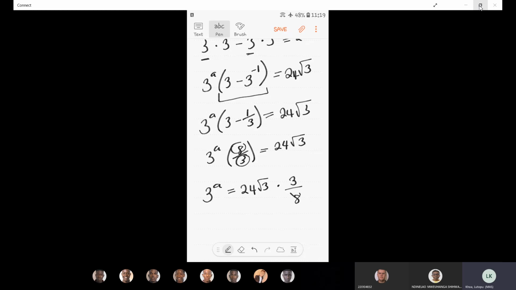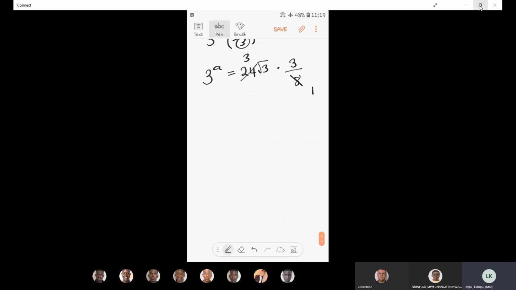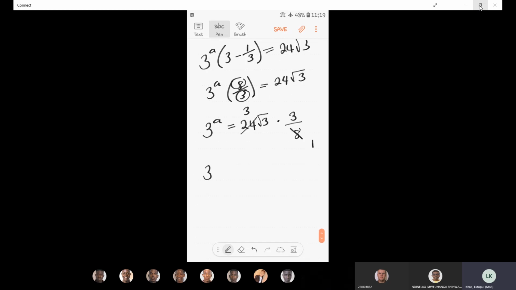So you can see 8 will go there once, it goes there 3 times, then you're left with 3 to the power of a, then this 3 and that one will multiply to give me 9 square root of 3. But 9, you know, is 3 to the power of 2, so I have 3 to the power of a. This is 3 to the power of 2 times 3 to the power of half. Square root of x means to the power of half.